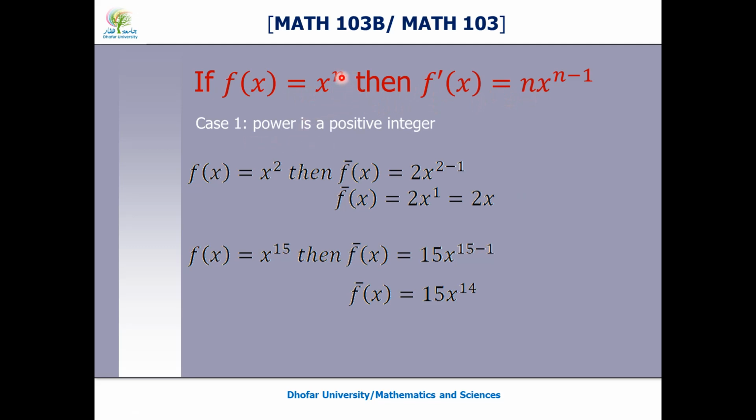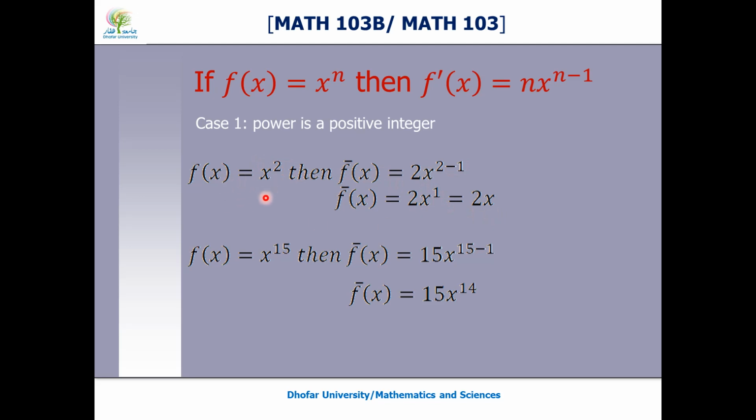If the power n is a positive integer, like if the function f of x equals x squared, then its derivative f prime x equals 2, you bring 2 in front of x, so it becomes 2x. And the new power of x becomes 2 minus 1; you subtract 1 from 2. So 2 times x to the power 1, that is 2x.